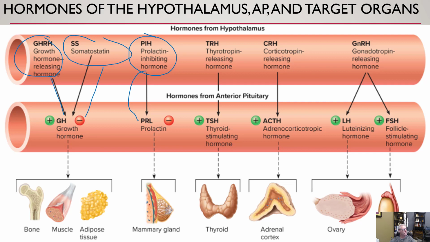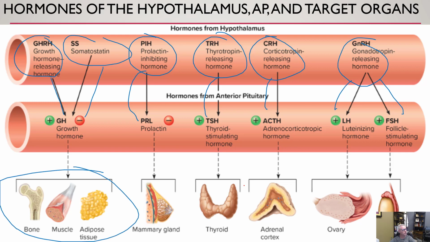Prolactin is going to be released unless we have PIH. I'm sorry, I did that whole thing backwards. So thyrotropin releasing hormone is going to stimulate TSH. CRH stimulates ACTH. Gonadotropin releasing hormone is going to stimulate both LH and FSH. And you can see the glands or the tissue that it's going to work on.